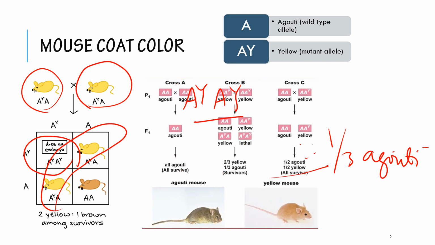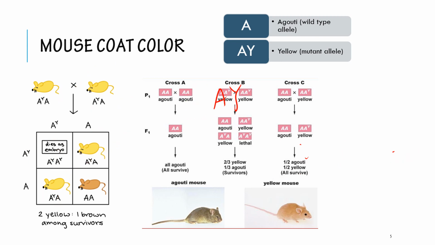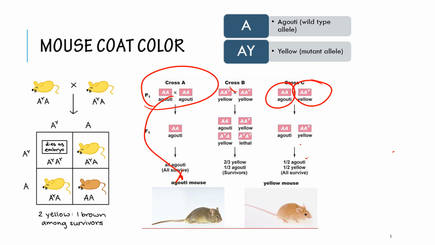This is just to show you what happens for another cross. It shows you the same thing anyway. If you cross two agouti, since this is recessive, all of the agouti will survive. But if you cross an agouti with a yellow, half will be agouti and the other half yellow, showing that yellow is dominant.